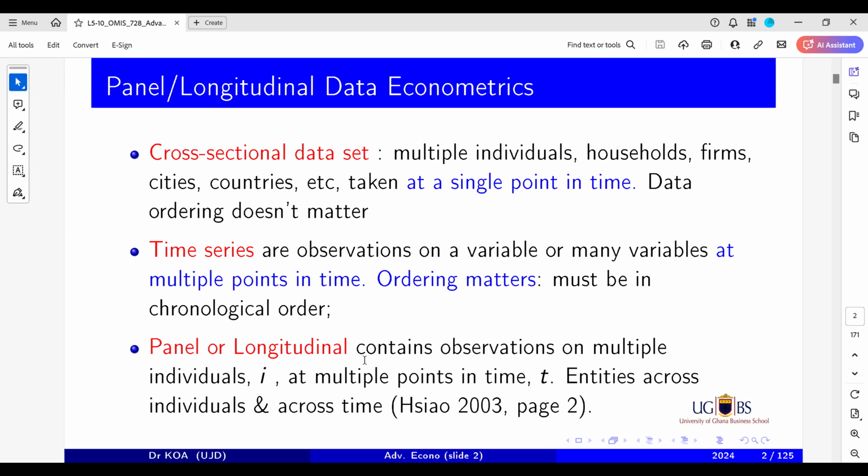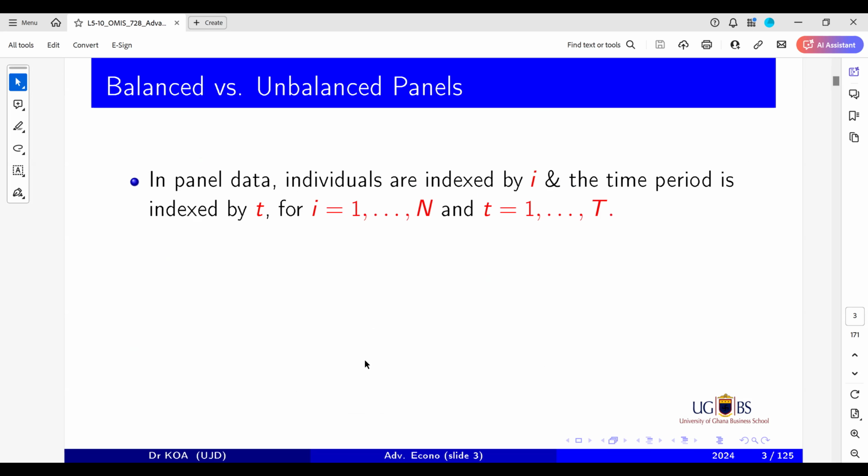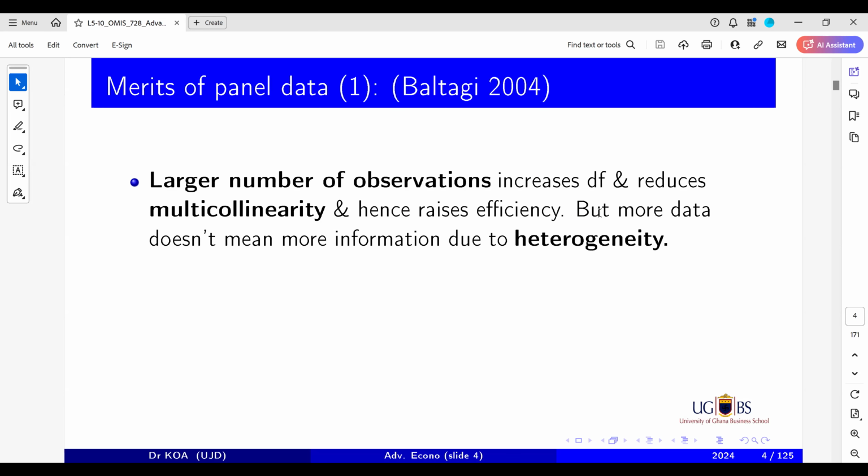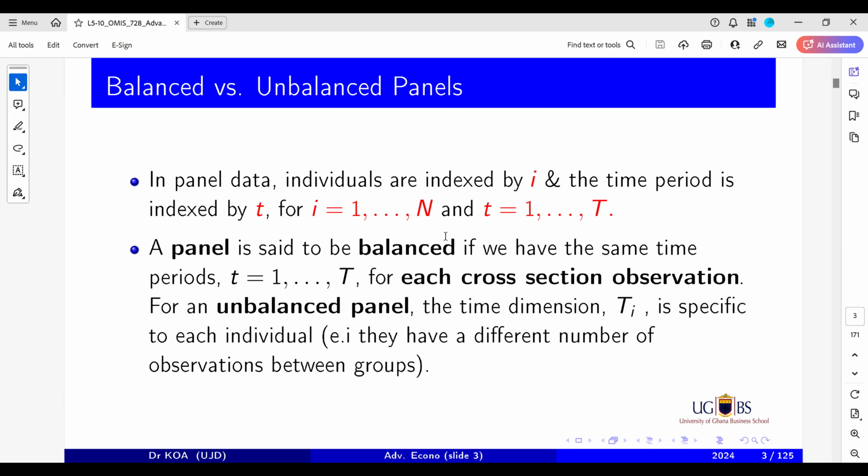But there are two kinds of panel data. You have panel that is balanced, and you have panel that is unbalanced. Let's look at the difference between the two. In a panel data, you have i, which is an individual-specific factor, and t, which is a time-specific factor. The i starts from 1 all the way to N, the t starts from 1 all the way to T. It is balanced if the same observations appear at the same time.